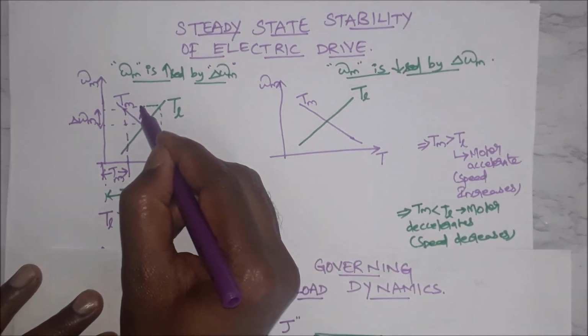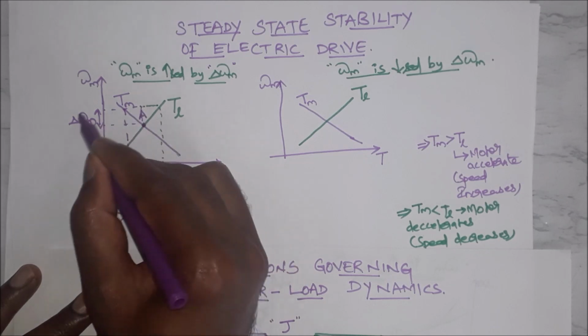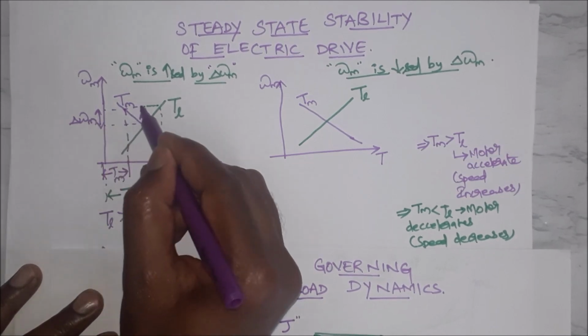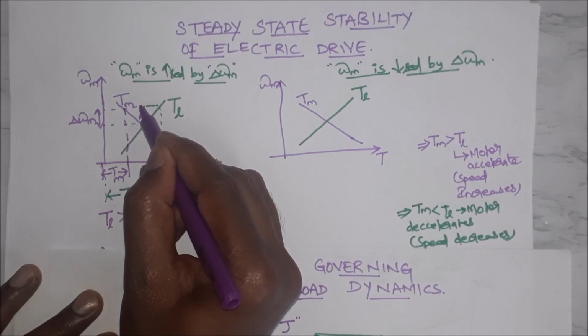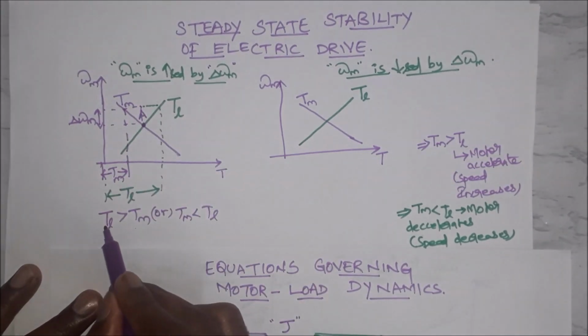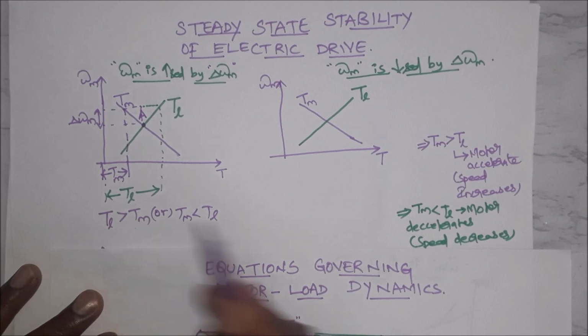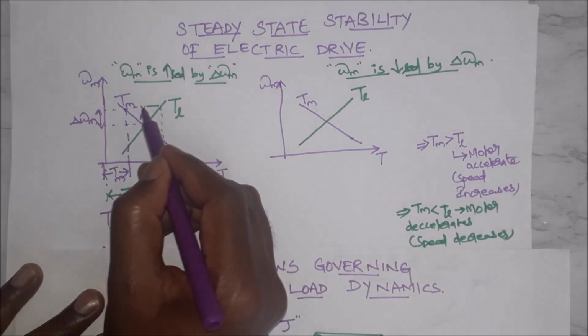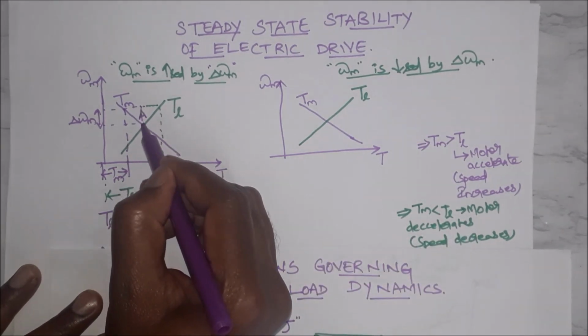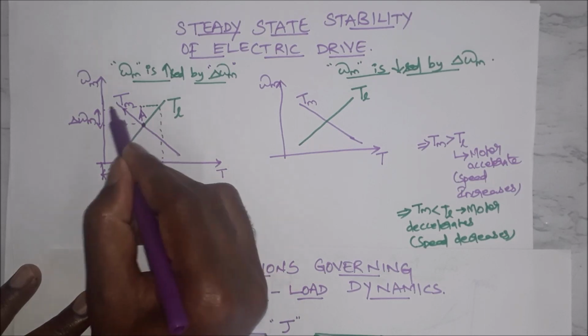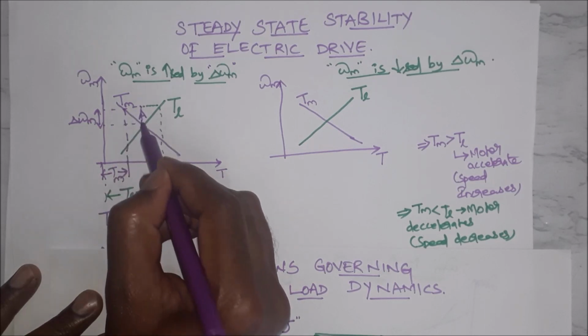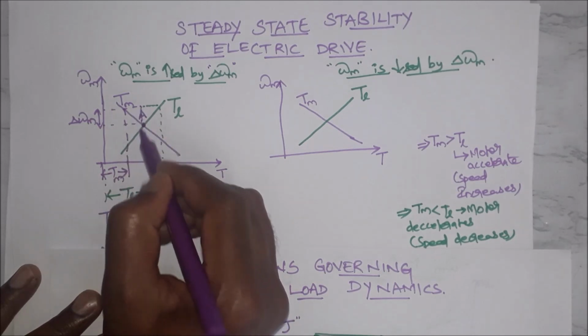So now the motor is operating at this speed, because we have increased the value of the speed by delta omega m. At this condition, your load torque is becoming greater than the motor torque. Therefore, your motor decelerates. Deceleration means again it will come back to the original position, because this is speed increment, whereas this is speed decrement.